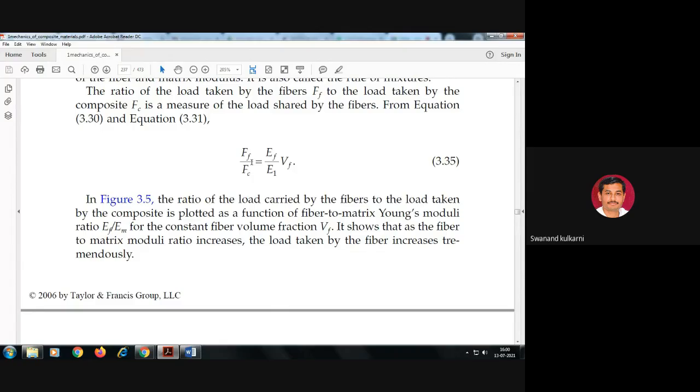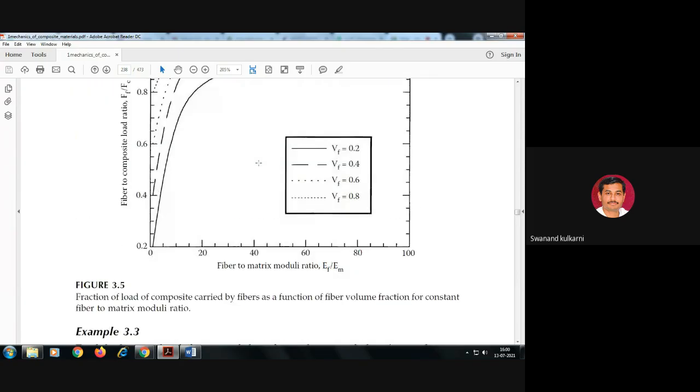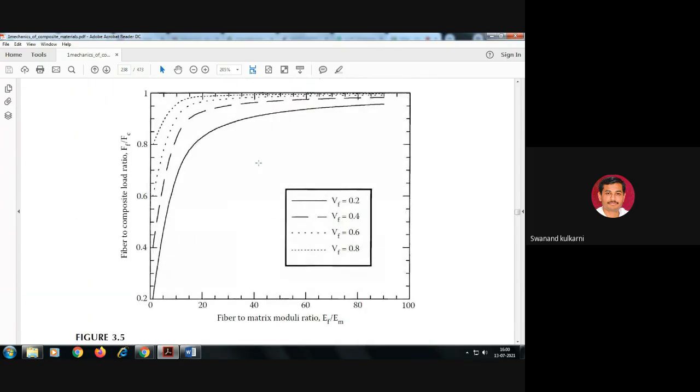Is it okay? So from this, the ratio of load carried by the fiber to that taken by composite is plotted here. If we check this particular figure, we will come to know that as volume fraction starts to increase, initially when volume fraction is 20%, then 40%, 60%, 80%, as volume fraction starts to increase from 20 to 80%, definitely its effect on fiber to matrix modulus from EF to EM is changing here.